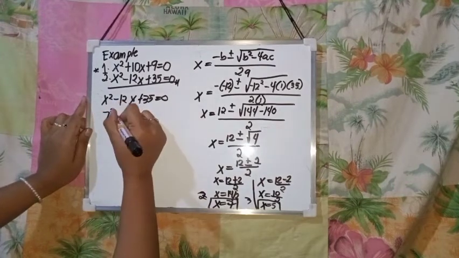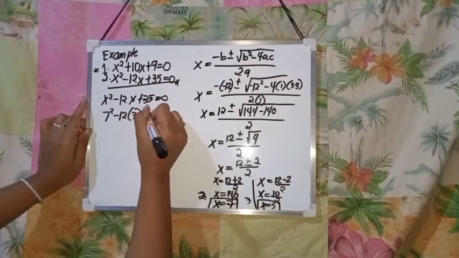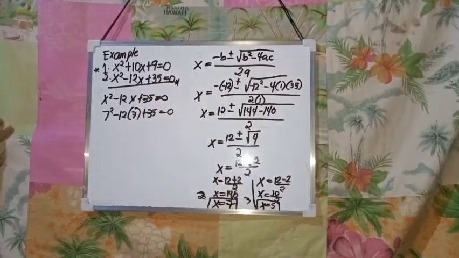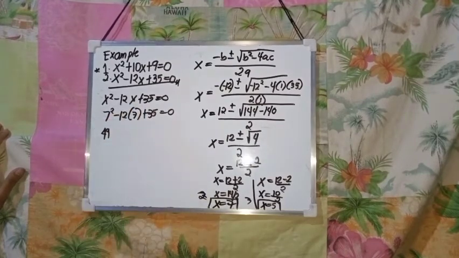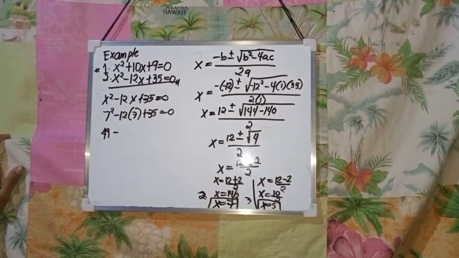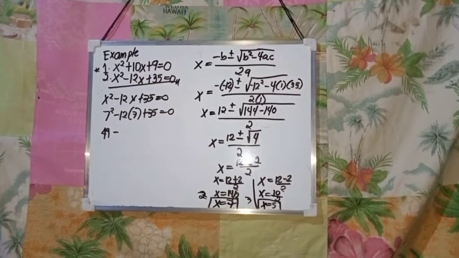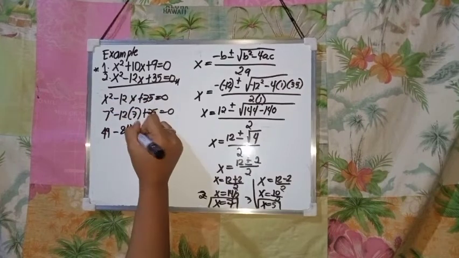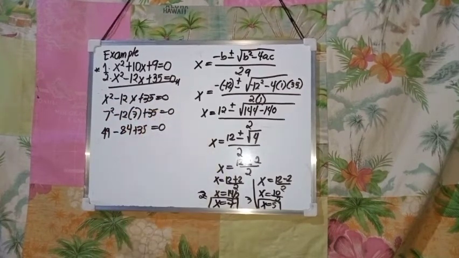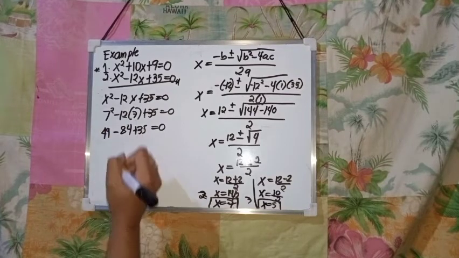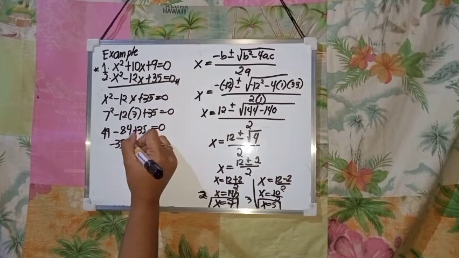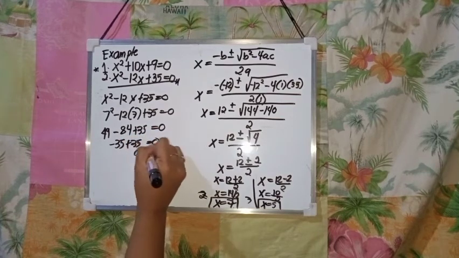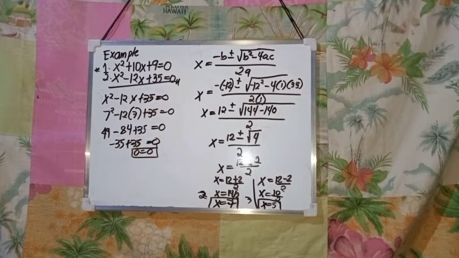So 7 squared minus 12 times 7 plus 35 is equal to 0. 7 squared is equal to 49, minus 12 times 7, which is 84, plus 35 is equal to 0. 49 minus 84 is negative 35, plus 35 is equal to 0. 0 is equal to 0. So therefore, x is equal to 7 is correct.